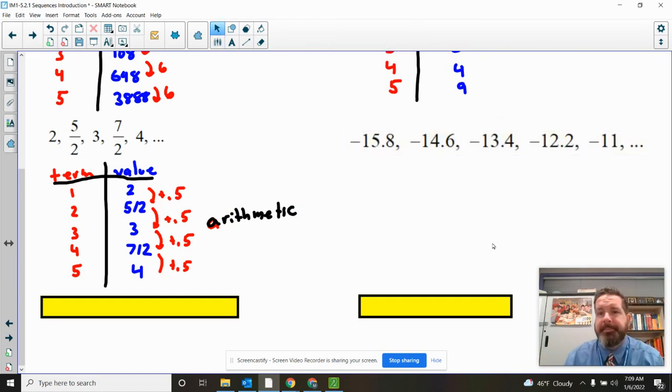Next up. Ooh. Okay, some decimals. Nothing changes with decimals. I also noticed they're negative. Nothing changes if they're negative.